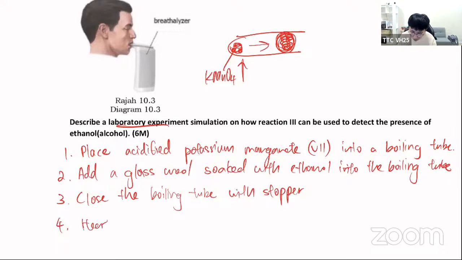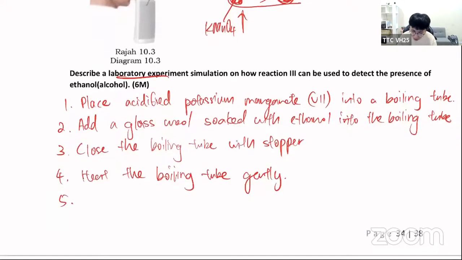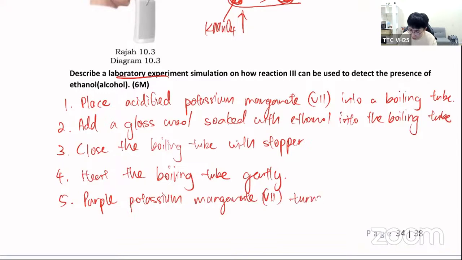Okay, then we can heat the boiling tube gently. After you heat it, okay, so if you say potassium manganate 7, you will say like purple potassium manganate 7 turns colorless, shows the presence of ethanol.